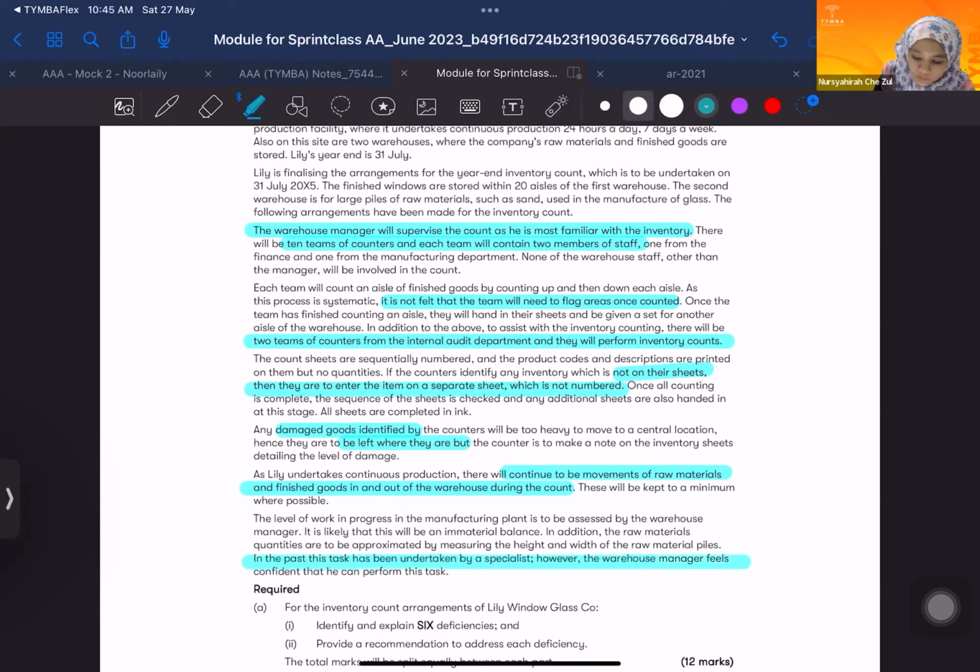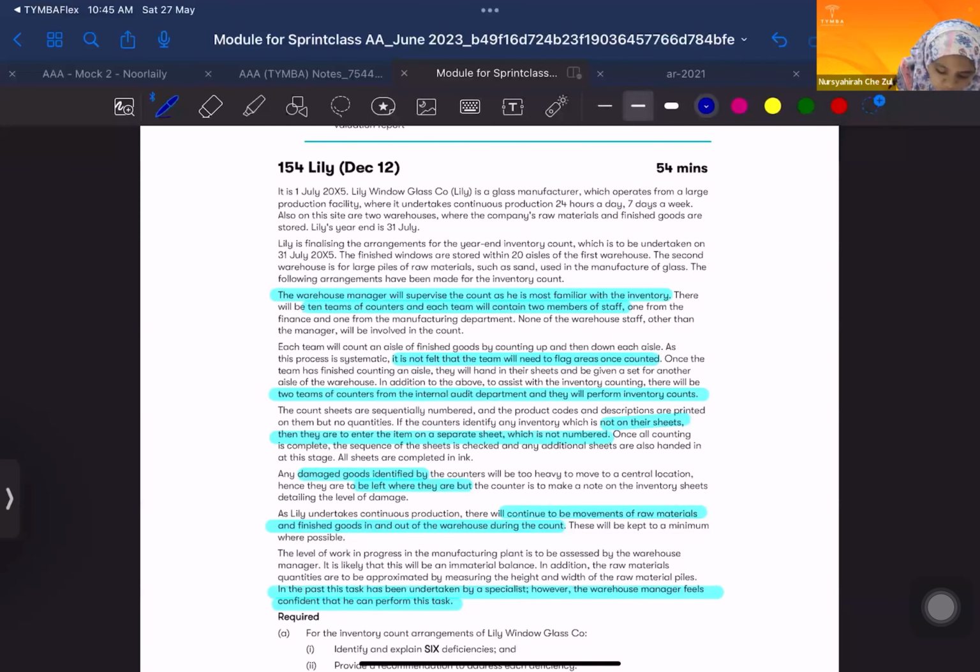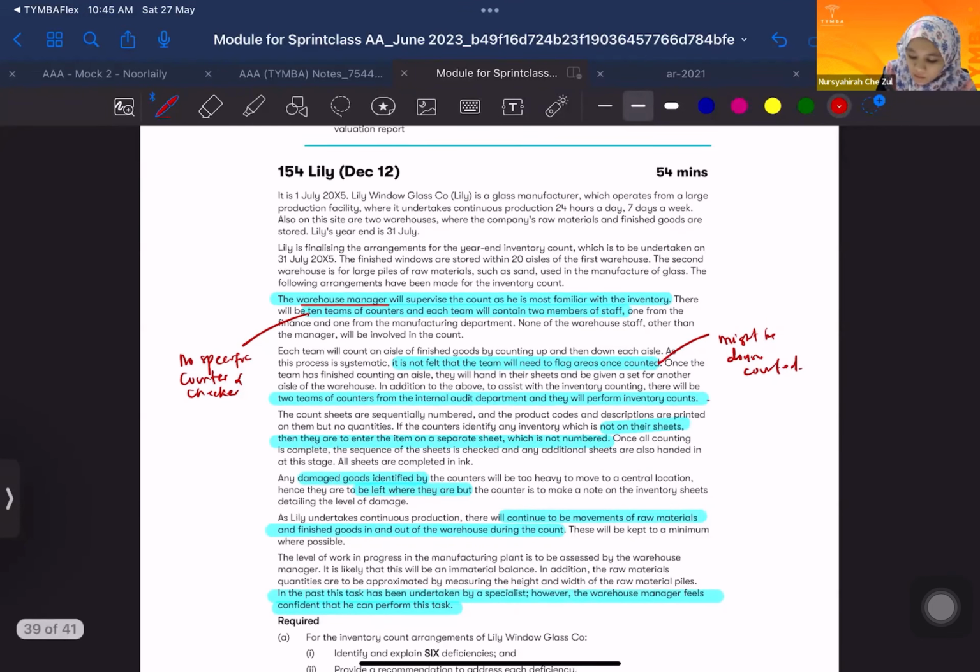So here, this is because of this. For this one, there is no specific counter and checker. This one, the counted area is not flagged, so it might be double counted. Internal audit, add this on in your notes: the internal auditor is supposed to monitor the inventory count only, not be part of the counters.